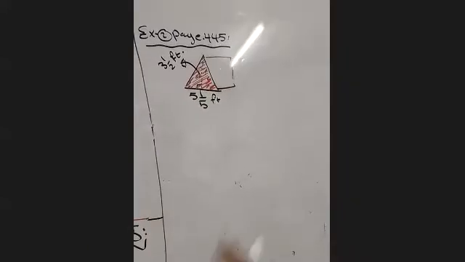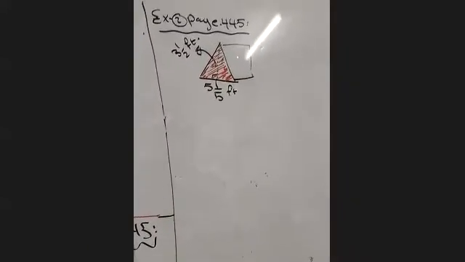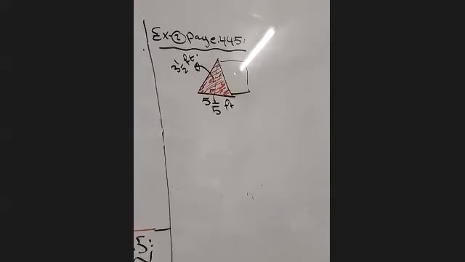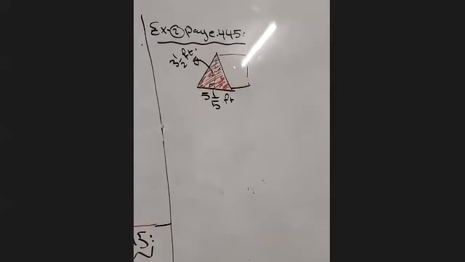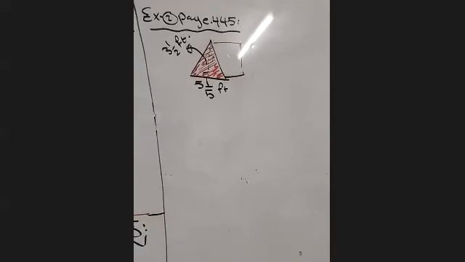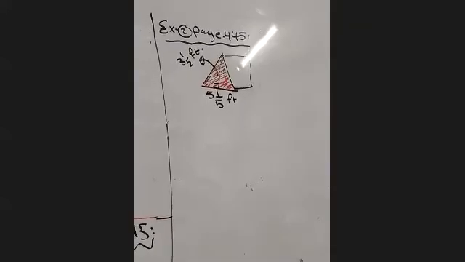Forget about the fractions and all of that. I'm asking you, what is the first step of finding the area? Do you know or you don't know? I know. What is it? Half, we multiply it with half.